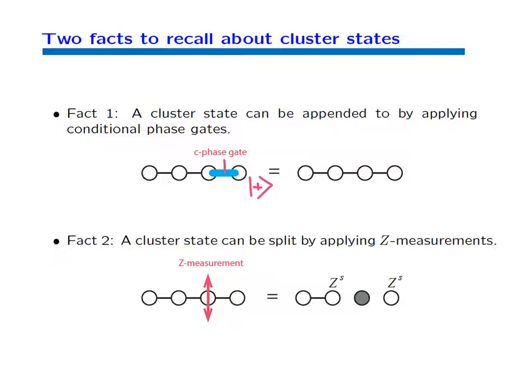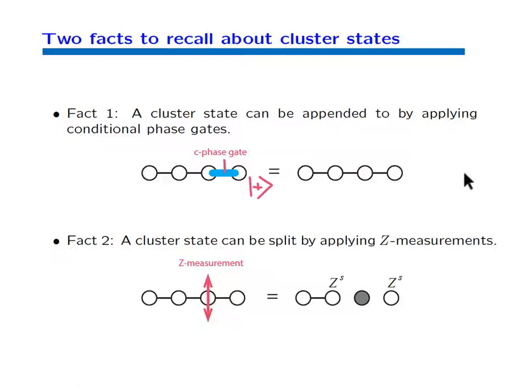These conditional phase gates pairwise commute, and so they can be applied simultaneously, but they can also be applied one after the other. So I can make a cluster state 1 qubit larger by applying one conditional phase gate. This is what we see here in the upper half of the slide. We perform one conditional phase gate on an extra qubit in a sigma x eigenstate and thereby extend the cluster by 1 qubit. So this is fact number one that we are going to use.